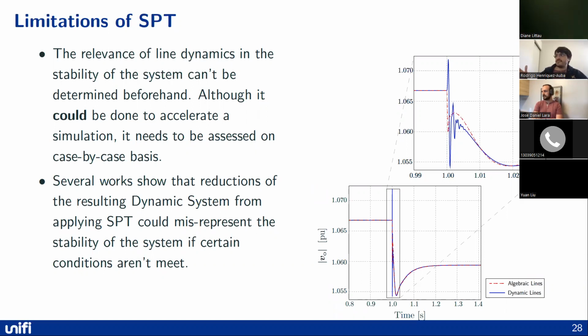The line dynamics easily and rapidly convert to the algebraic representation, but there is plenty of literature that showcases how the elimination of these line dynamics can enlarge the stability region of grid-forming inverters, especially for tuning outer controllers. So that gives us a false sense of security of how safely we're operating. So sadly, these techniques need to be assessed case by case.